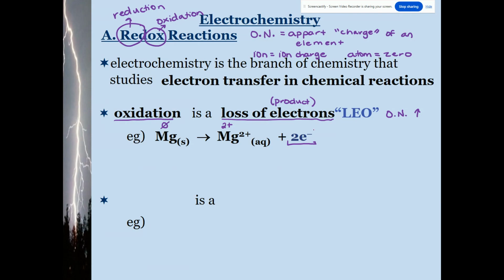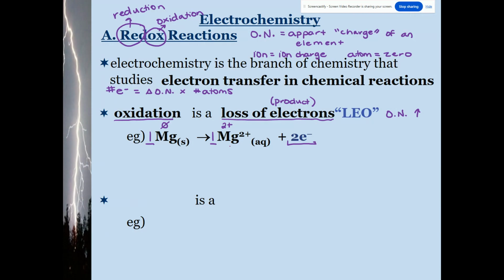Now, how do you figure out how many electrons are being transferred? There is a formula that we use. The number of electrons being transferred is equivalent to the change in oxidation number times the number of atoms that is going through that change. So I technically have 1 magnesium on each side, right?